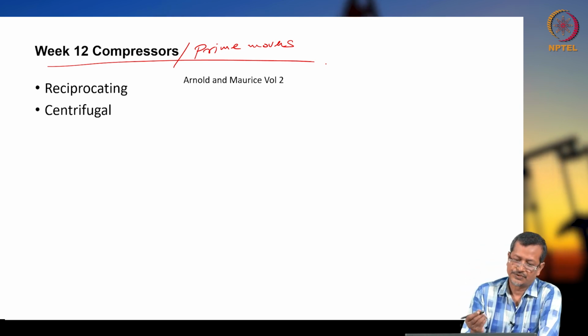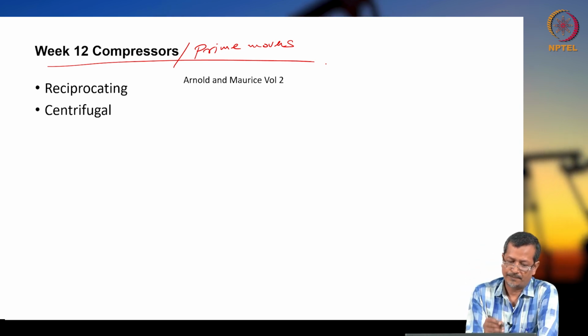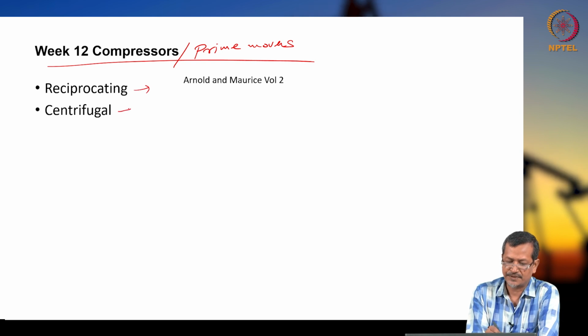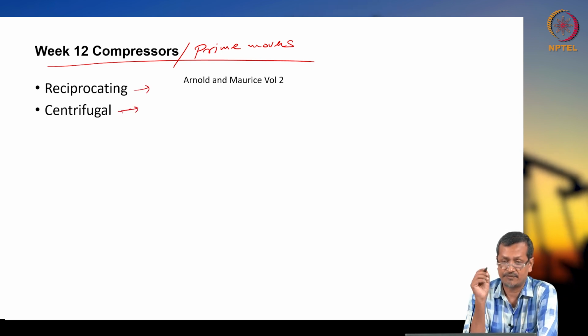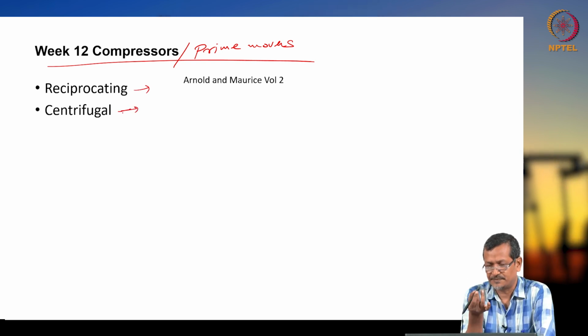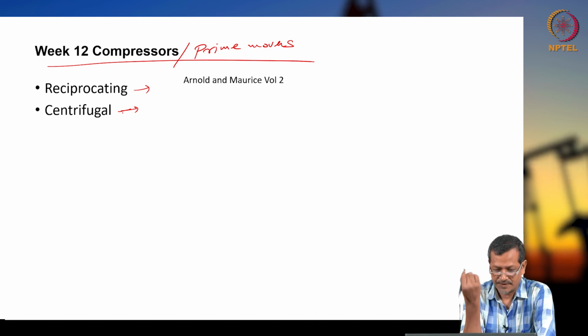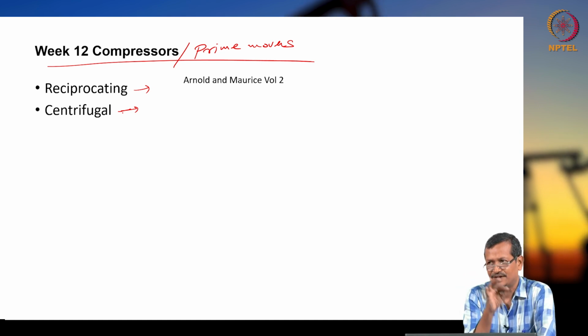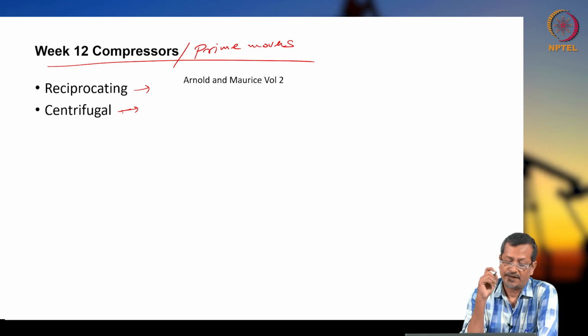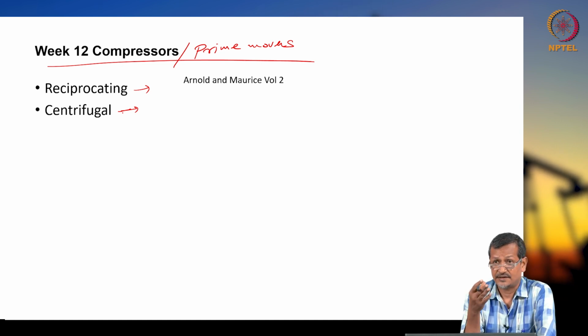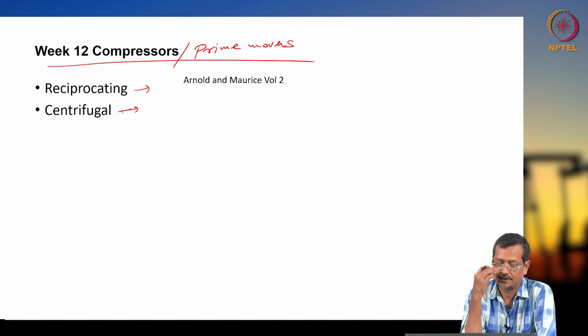In pumping systems, you have seen reciprocating pumps, centrifugal pumps, and other types of pumps. In compressor systems, we can use the same thing, but you have to do some extra study because the gas is compressible.